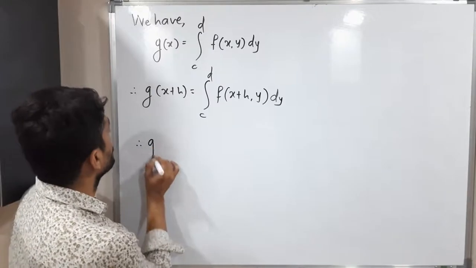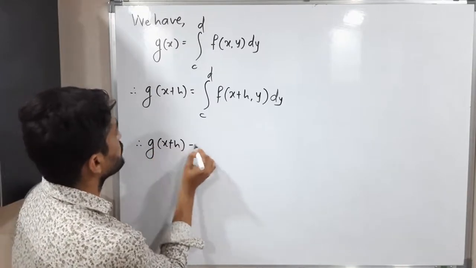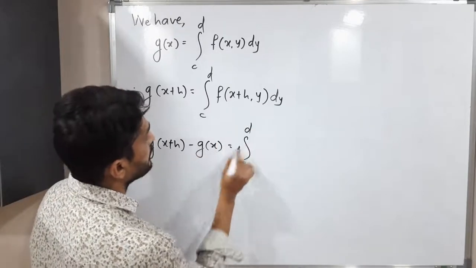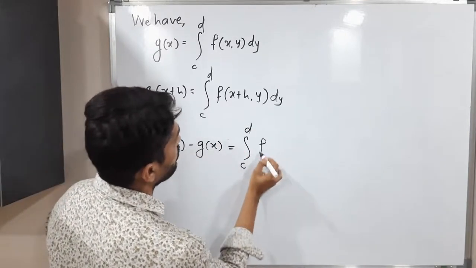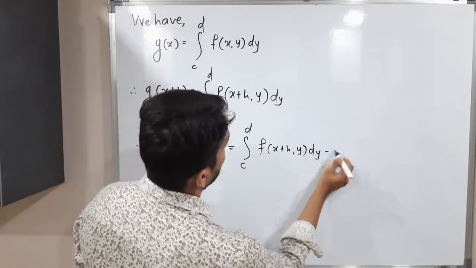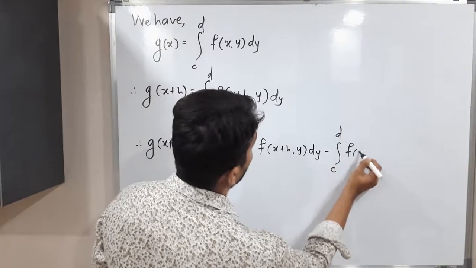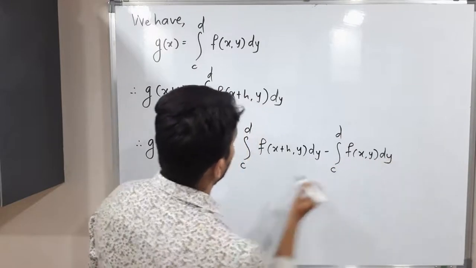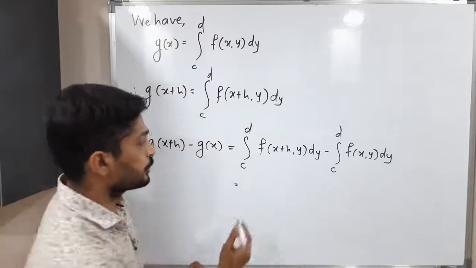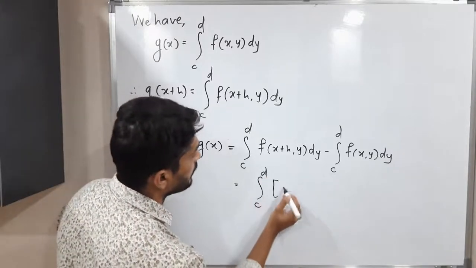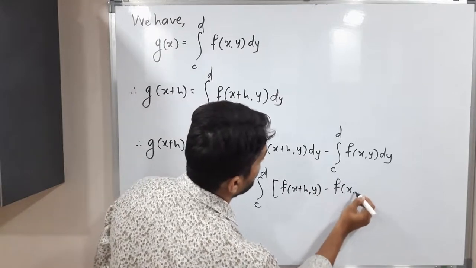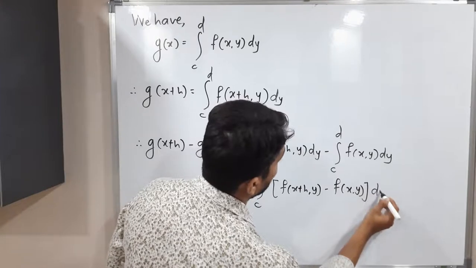Therefore g(x+h) - g(x). The value of g(x+h) is this integral. Let me write it here. Okay, so the integral of f(x+h,y) dy minus the integral from c to d of f(x,y) dy. We can take that integration common, right? So the integral from c to d, and in the bracket we will have f(x+h,y) - f(x,y), dy.